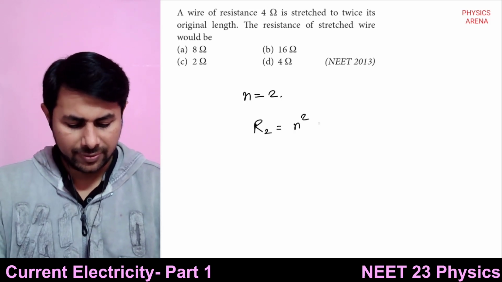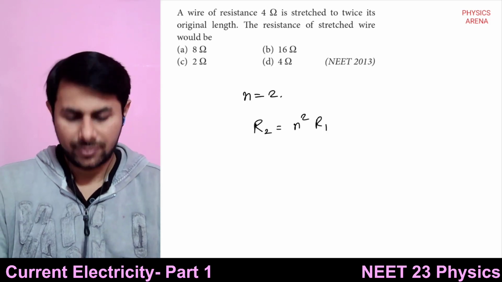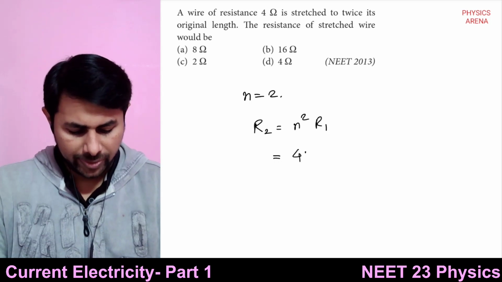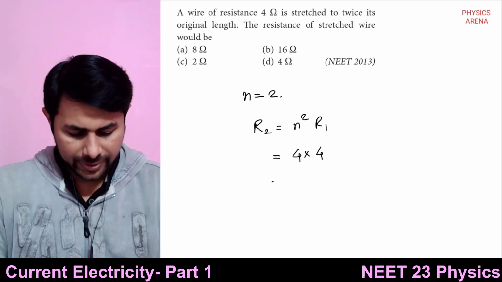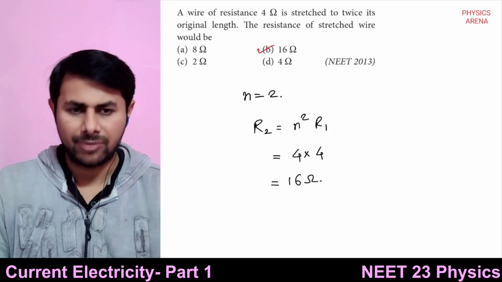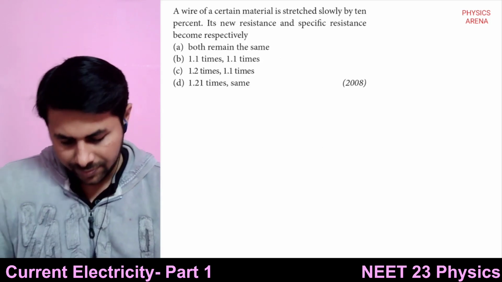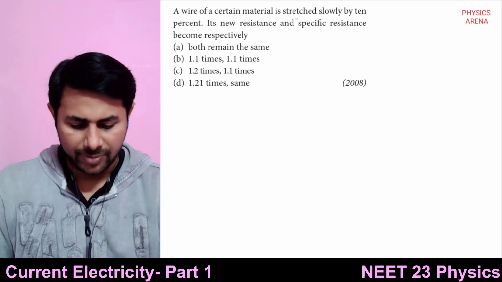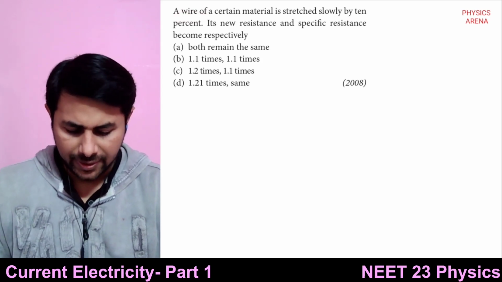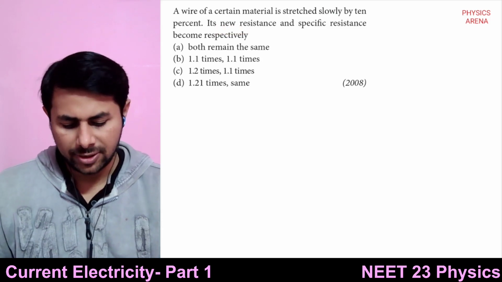R2 is n square times R1. n square is 4, 4 multiplied by 4 is 16 ohms. Right, option B.